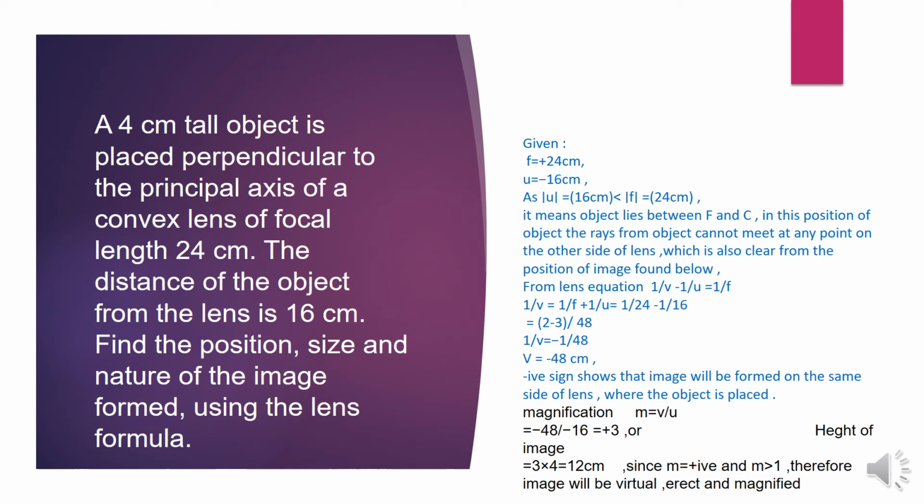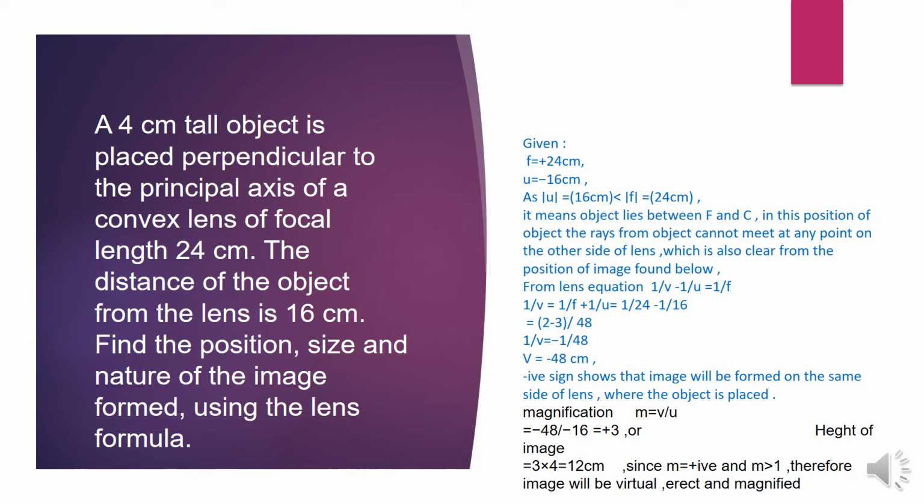So now let's try the lens formula. 1 by V minus 1 by U is equal to 1 by F. Now I need to find out V. So I will leave 1 by V on the left hand side and I am taking 1 by U to the right hand side. So it will be 1 by F plus 1 by U. Now you substitute the values with the sign.